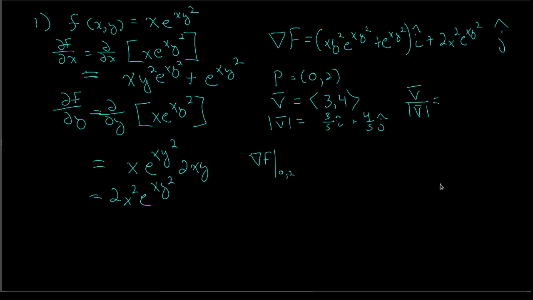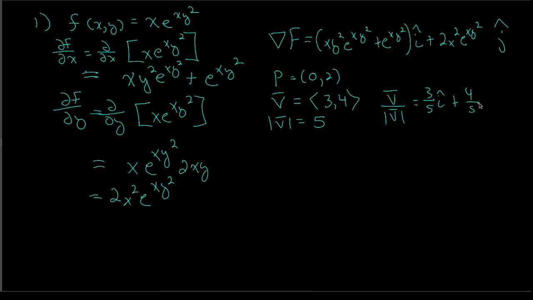Apologize for my notation a little bit. The magnitude is 5. And a unit vector in the direction of v is 3/5 i hat plus 4/5 j hat.